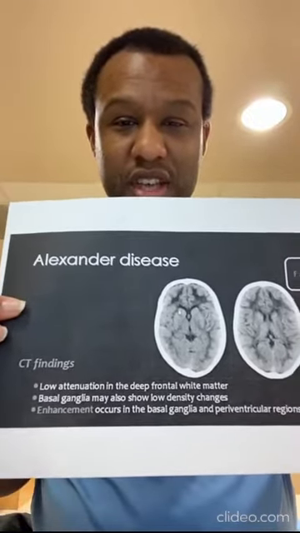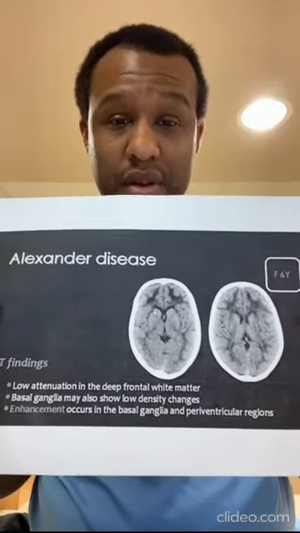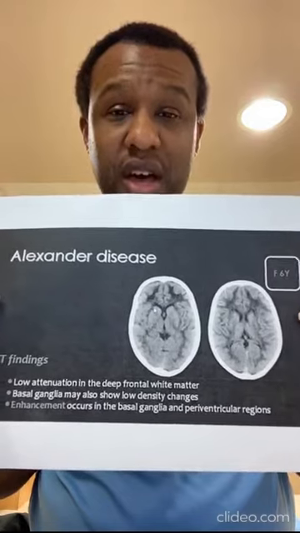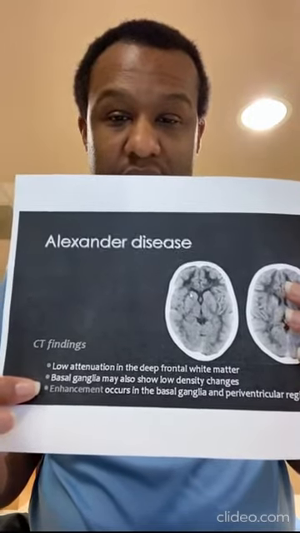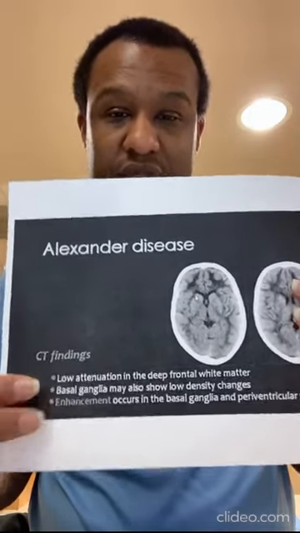And this is a CT scan of a brain that is showing signs of Alexander's disease, okay? And where you can see right here, it says CT findings. I have to turn this around to actually read it. Low attenuation in the deep frontal white matter. Basal ganglia may also show low density changes.